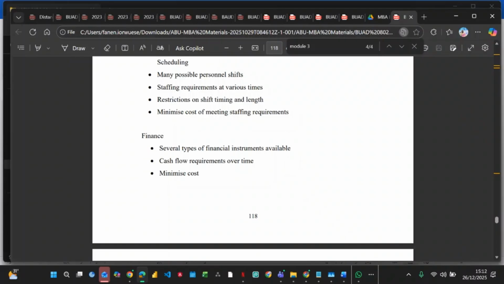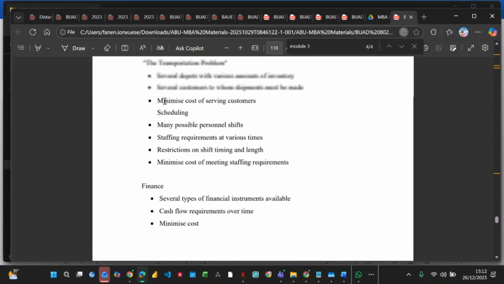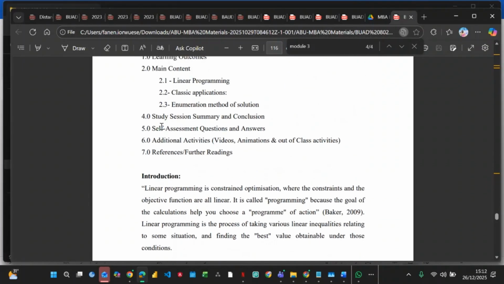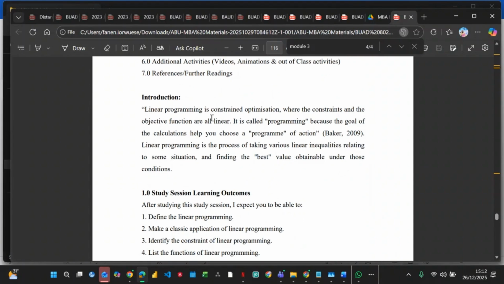So we'll just go over the material here to see what it says. A linear programming is a constraint optimization where the constraint and the objective function are all linear. And it is called programming because the goal of the calculation helps you to choose a program of action.